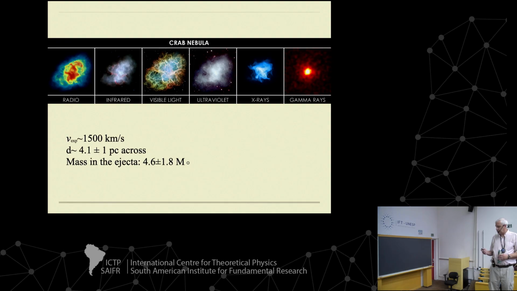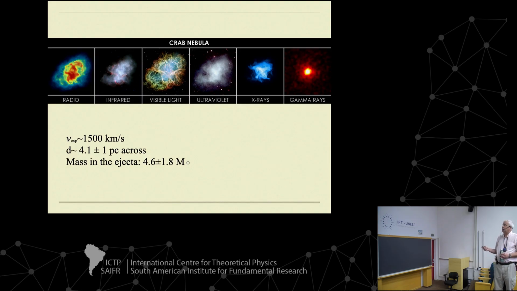Here you can see the Crab Nebula at all different wavelengths: radio, infrared, optical, ultraviolet, X-rays. I show you a movie made by Chandra about the X-ray emission from the nebula. This is the interior of the nebula, and gamma rays.